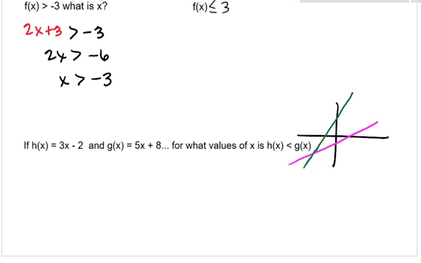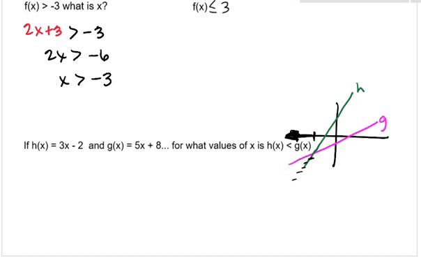And then if they're asking where is h less than g, h is going to be less than g when the y values of h are lower than the y values of g. So that would be starting here, and going on down. So that would trace back to x values in this area.